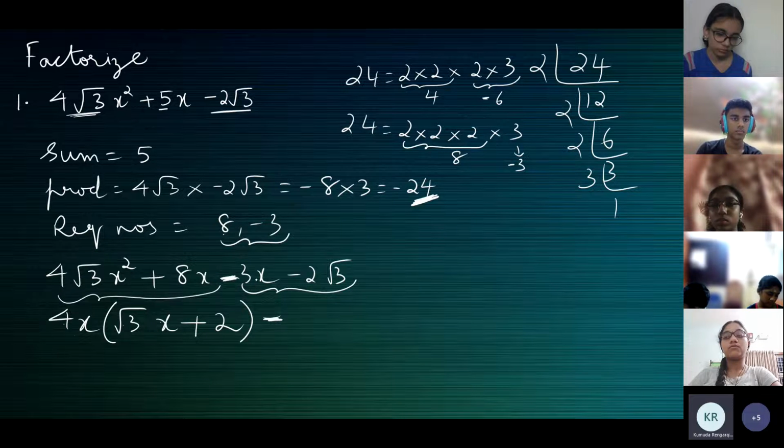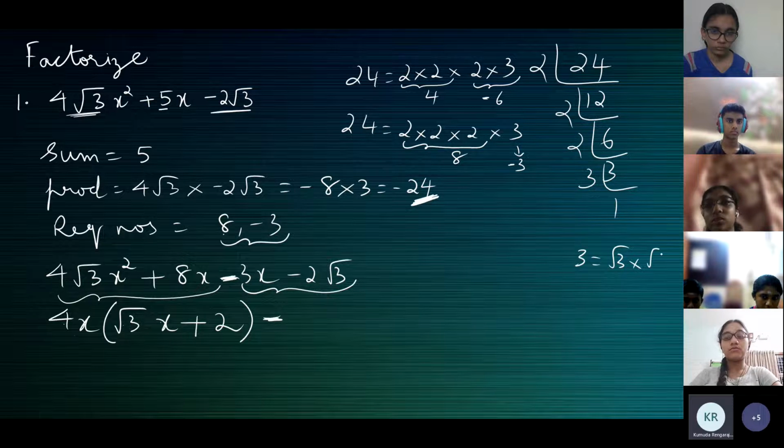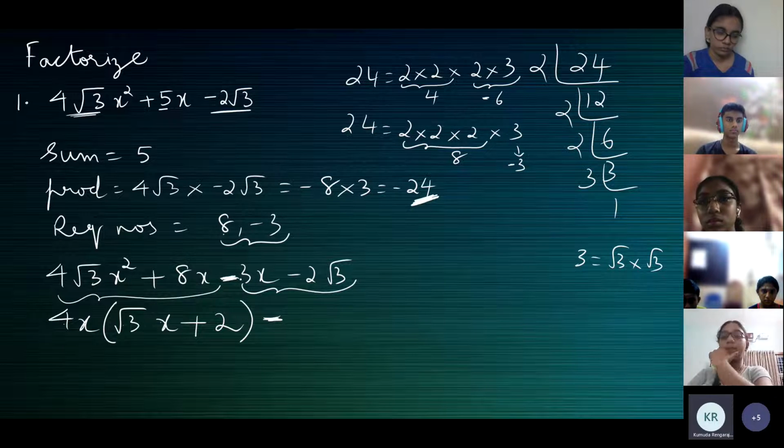Now what is common between 3x and -2√3? We know that 3 is the product of √3 and √3, so 3 has two √3's in it.